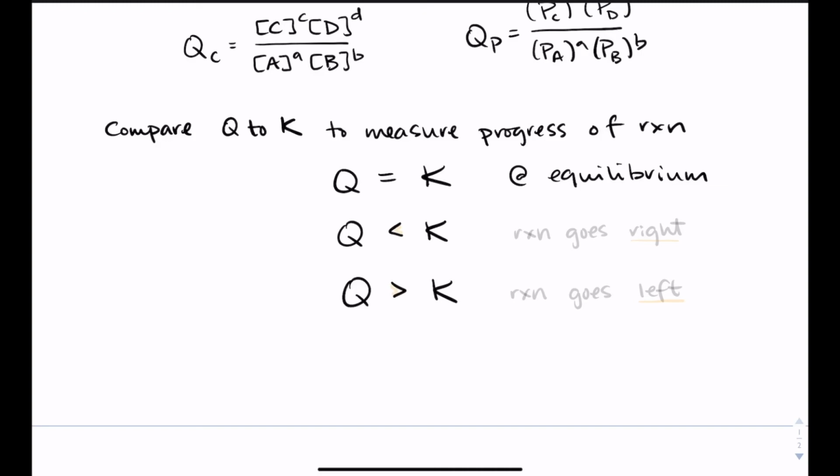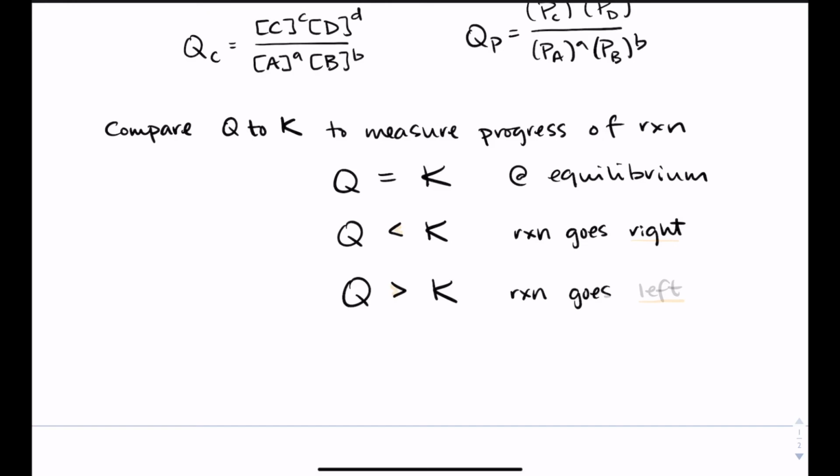Q less than K: mathematically, numerator divided by denominator is smaller than it's supposed to be. So my numerator needs to be bigger relative to my denominator. That means making more product. So my reaction will move to the right if Q is less than K.